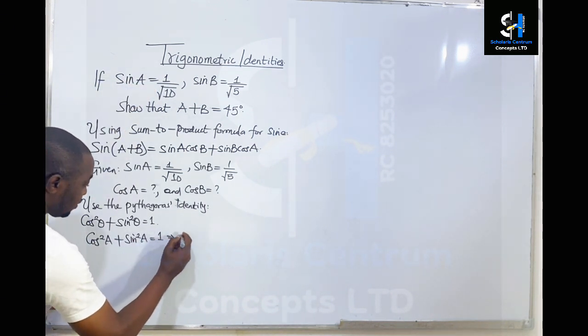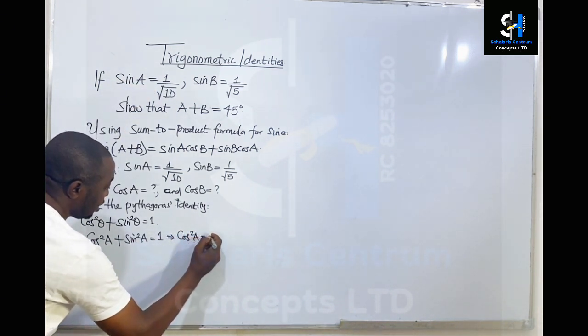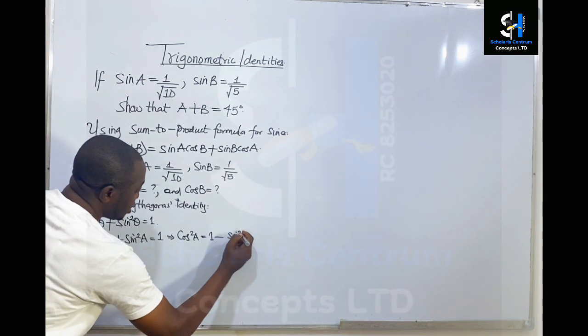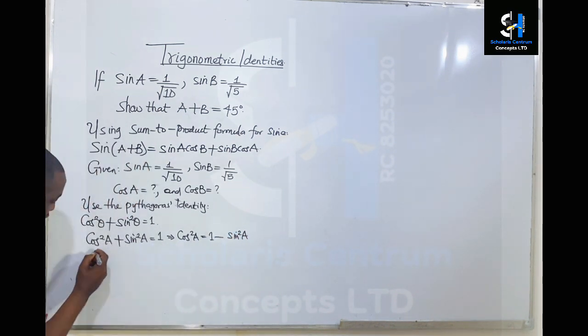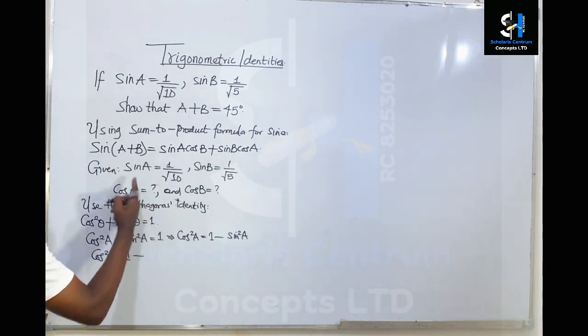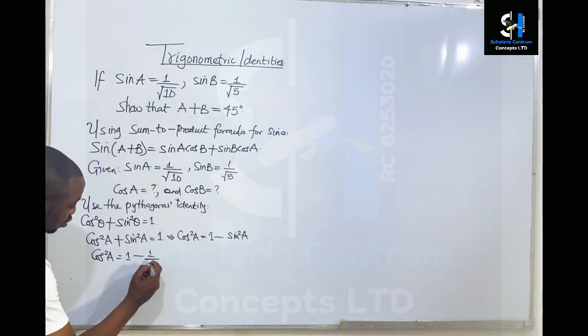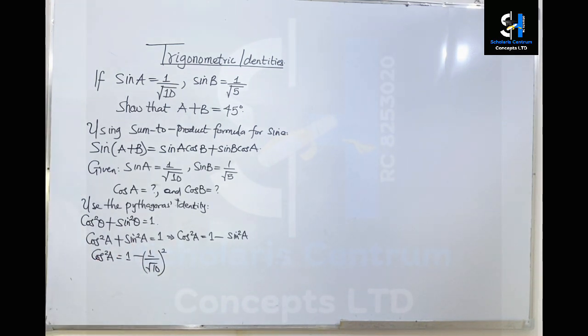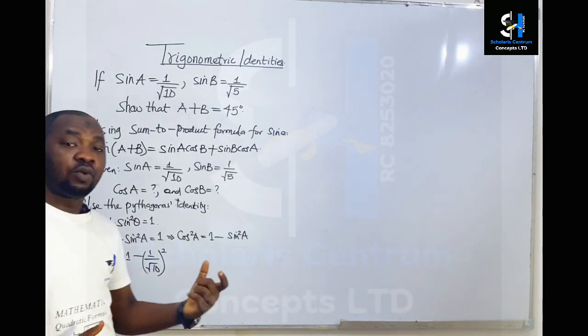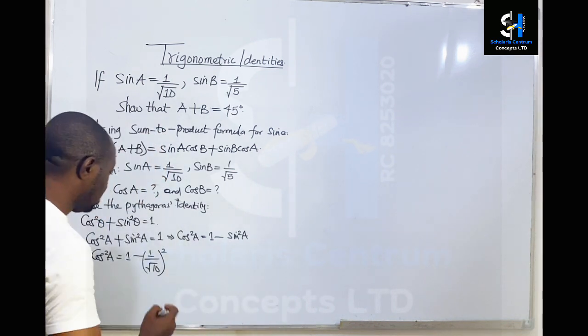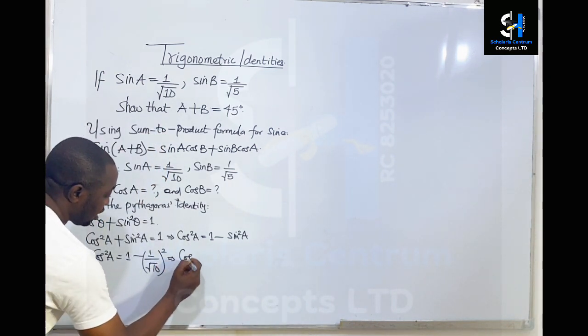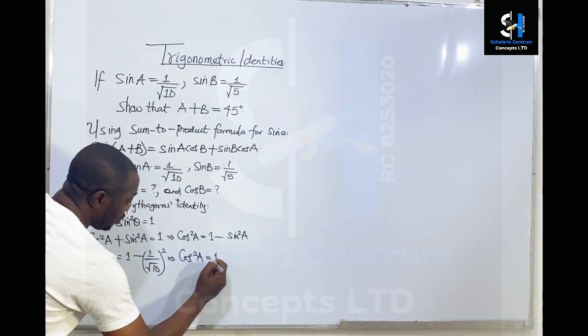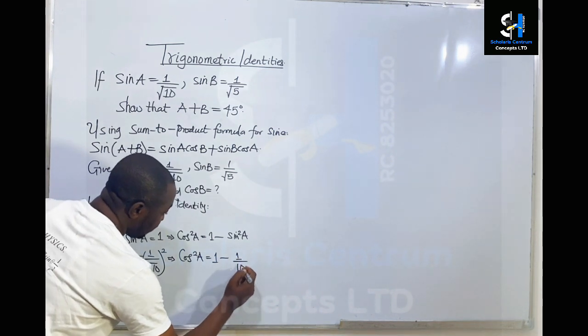So we then have cos² A equals 1 minus sin² A. So cos² A will be equal to 1 minus, now we know that sine A is 1 over root 10, then we raise that to the power of 2. And we know that the square of 1 over root 10 will be 1 over 10. So in this case, we have cos² A equals 1 minus 1 over 10.